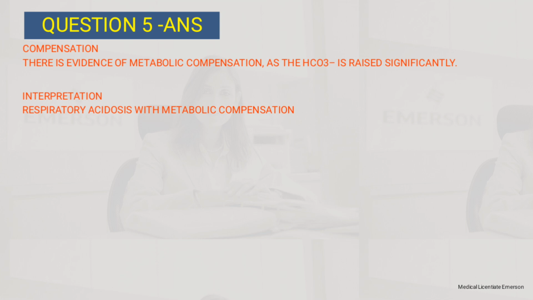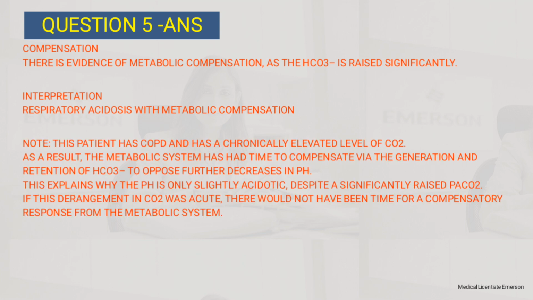Then, interpretation: this is a respiratory acidosis with metabolic compensation. If you are asked the diagnosis, the patient has COPD from the clinical picture we have been given and from the ABGs that we have found. So the patient has a chronically elevated level of carbon dioxide. As a result, the metabolic system has had time to compensate via the generation and retention of bicarbonate to oppose a further decrease in pH.